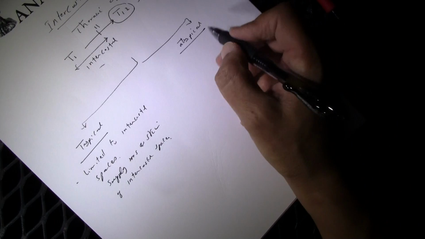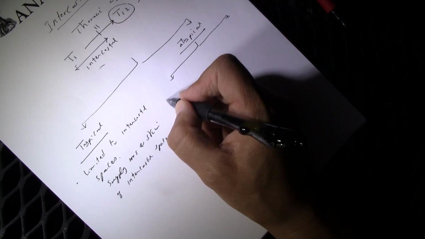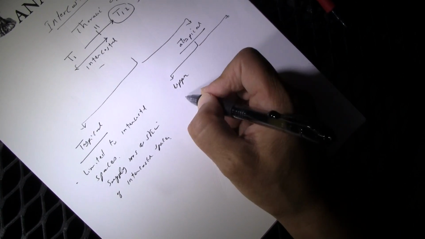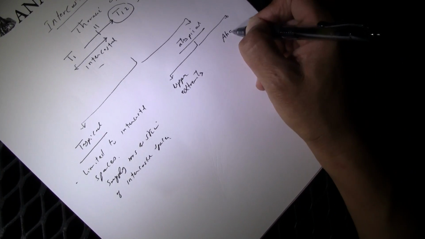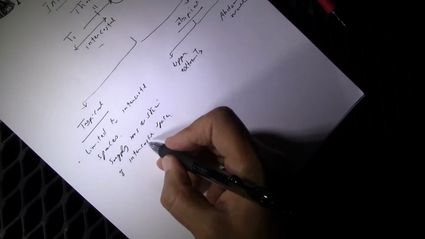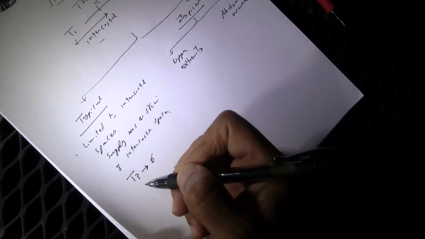However, atypical ones, in addition to intercostal spaces, extend to the upper extremity or abdominal wall. The typical nerves are from T3 to T6.